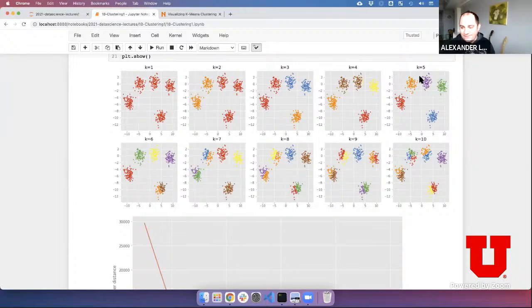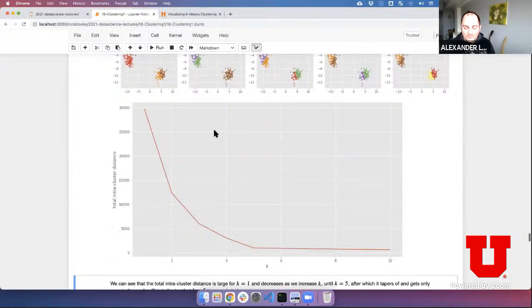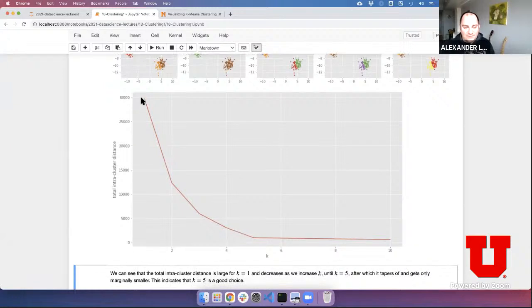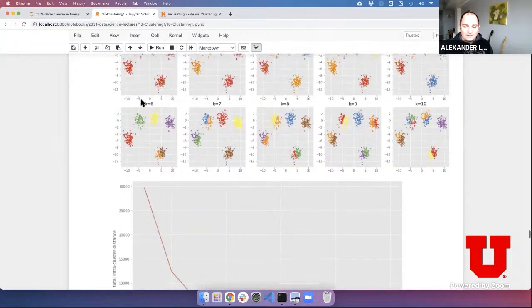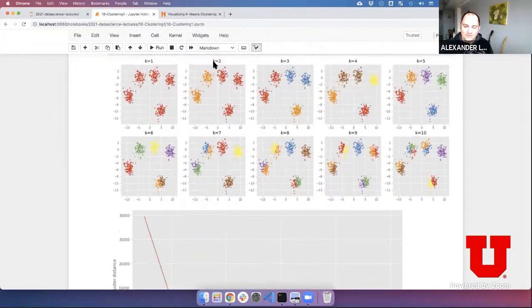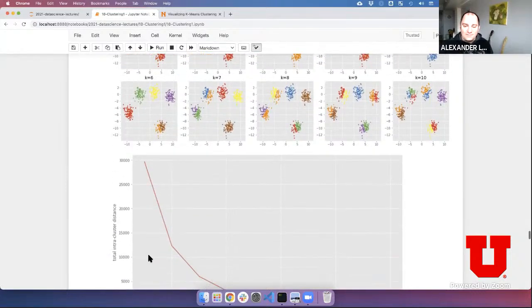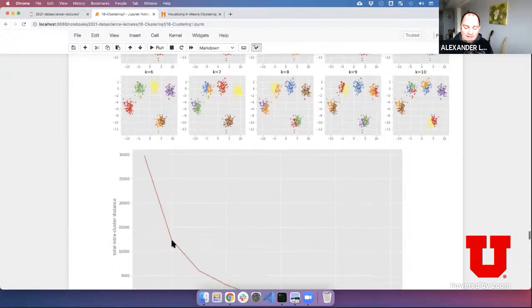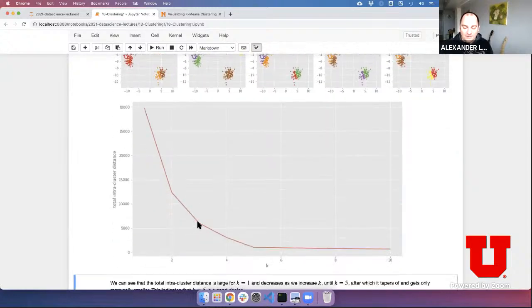And we can see that k=5 results in a good result here. And this is the interesting part. This is the total intra-cluster distance. And we see that initially the intra-cluster distance is very high. If we increase it to k=2, we can see that the intra-cluster distance drops a lot. And then if we increase it to 3, it drops again.